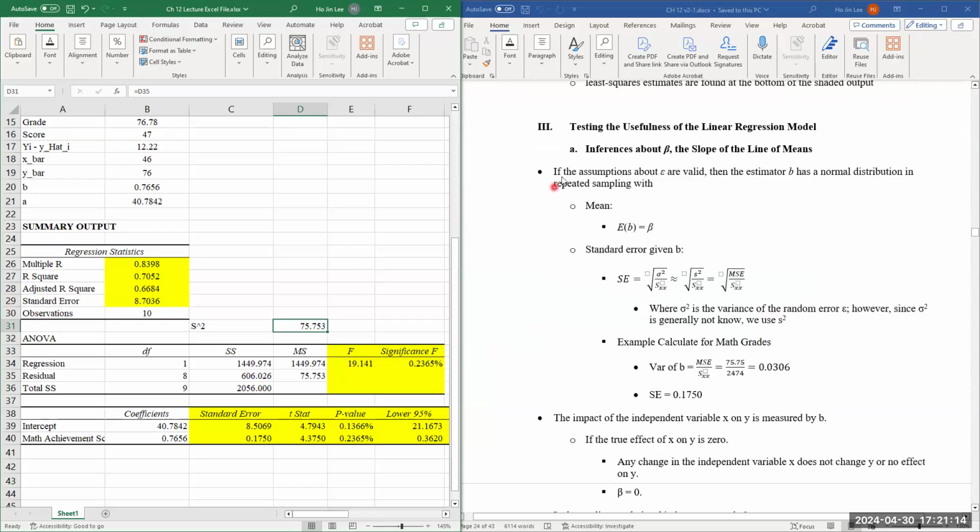Okay, let's move on to section 3, testing the usefulness of the linear regression model. Inferences about beta, the slope of the means. We could actually do hypothesis testing of both alpha and beta, but we're focused more on beta because we want to know, what does beta give us?